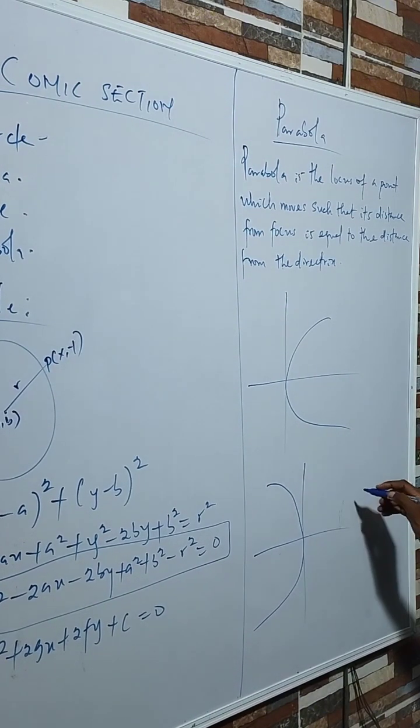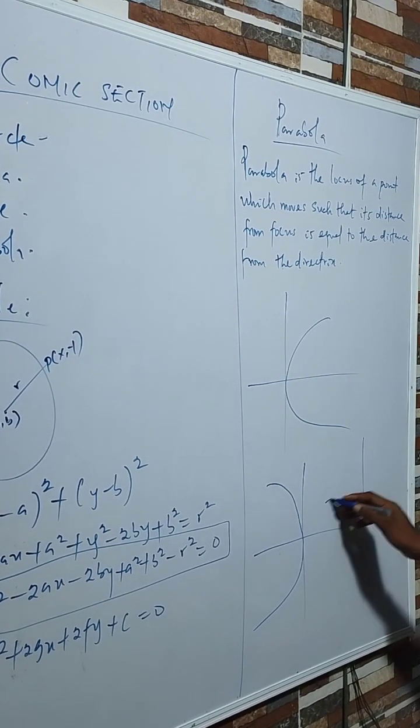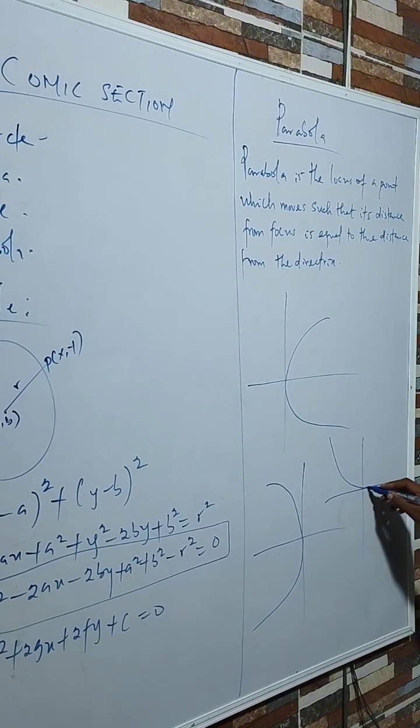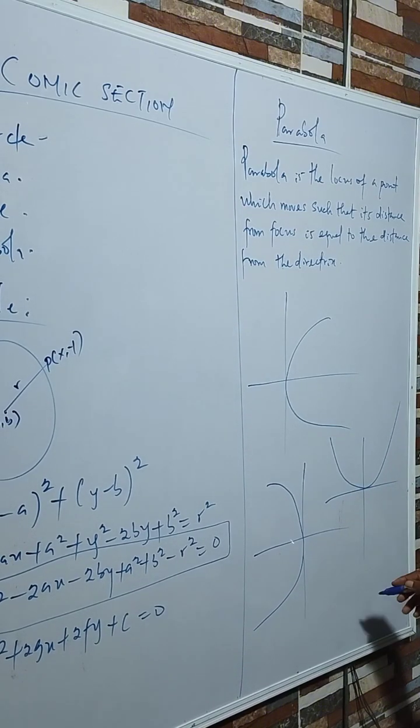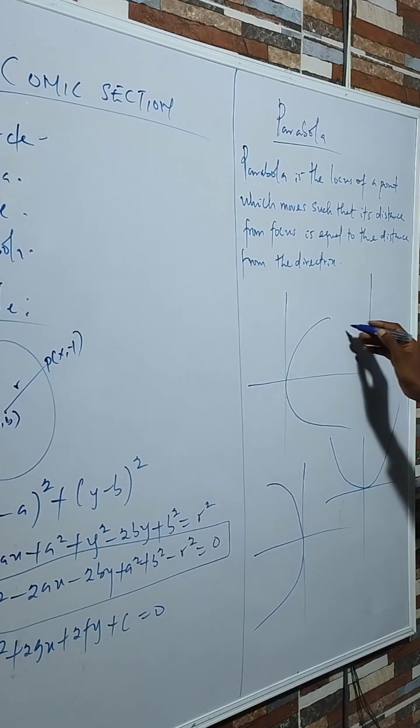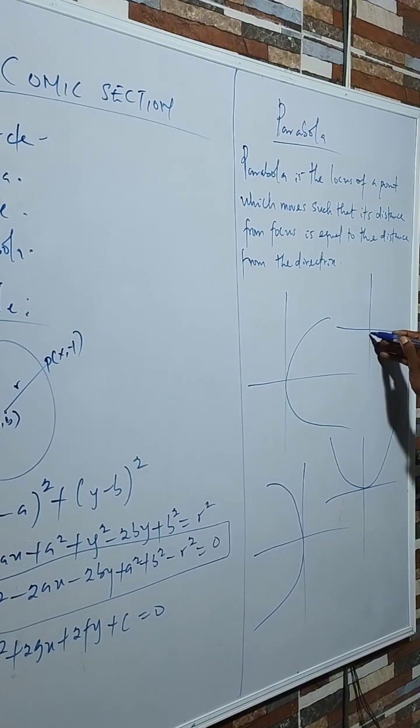You can also have another part of a parabola placed like this. We also have the fourth case, a parabola that is placed like this. Each of these parabolas has its own equation.